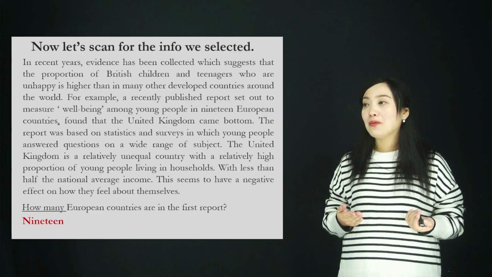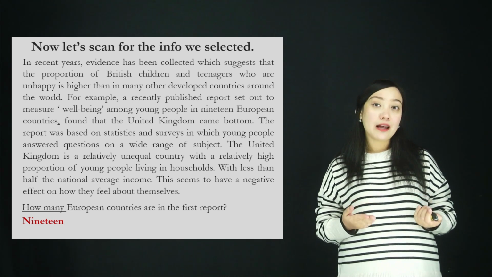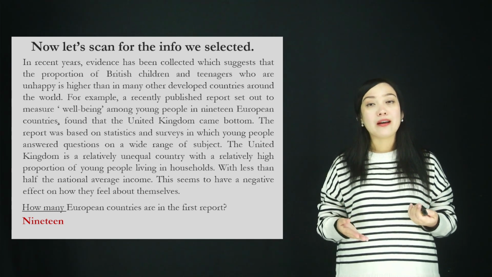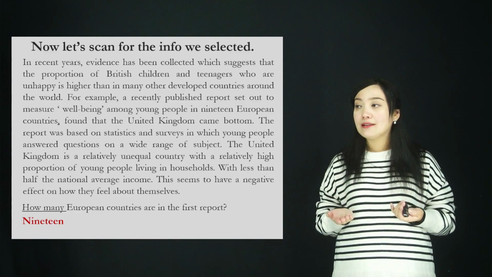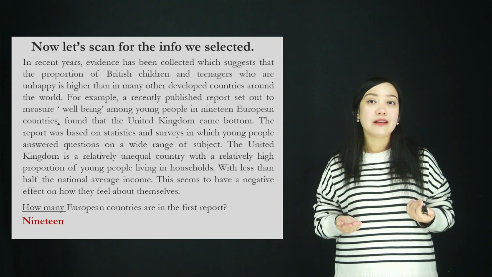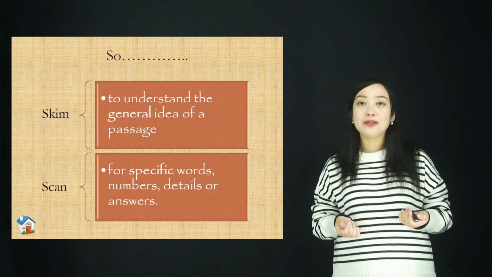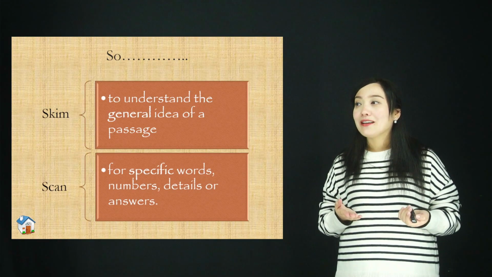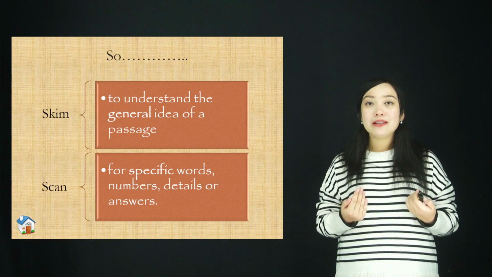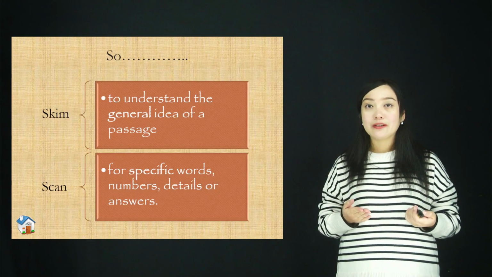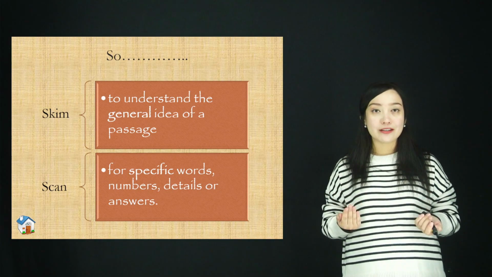Somehow it's difficult to find it with letters, but it can be written with numbers, and it's easy to find an answer written in numbers. So we can conclude that the skimming technique is very helpful. It's very helpful to understand the general idea of a passage.